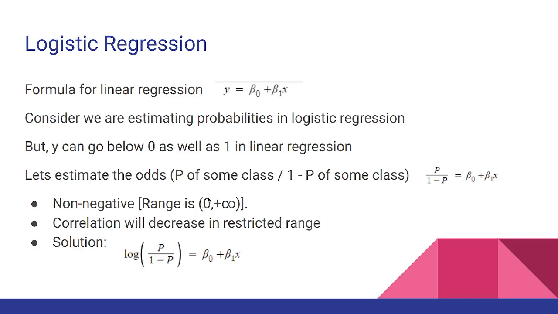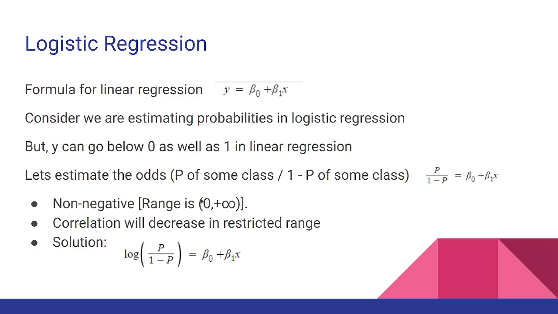If we apply that kind of restriction on the model, it will decrease correlation. If the model wants to predict a value below 0 but is not able to, in that case it will give 0.